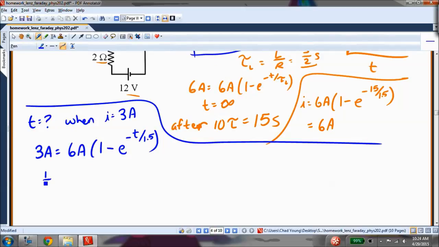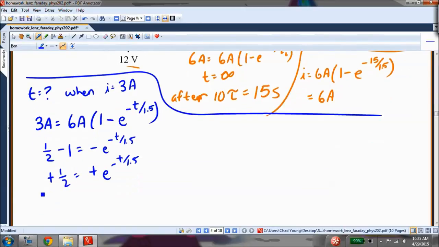I have 1/2 minus 1 equals negative e to the minus t over 1.5. This is negative 1/2 equals negative e to the minus t over 1.5. Get rid of that. I take the natural log of both sides.